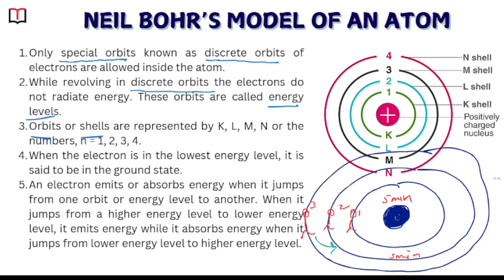He won't require that much energy because the path is shorter compared to the outermost circle. So when an electron moves from an outer to an inner orbit, it loses energy because now it requires less energy. It loses the extra energy the electron had.